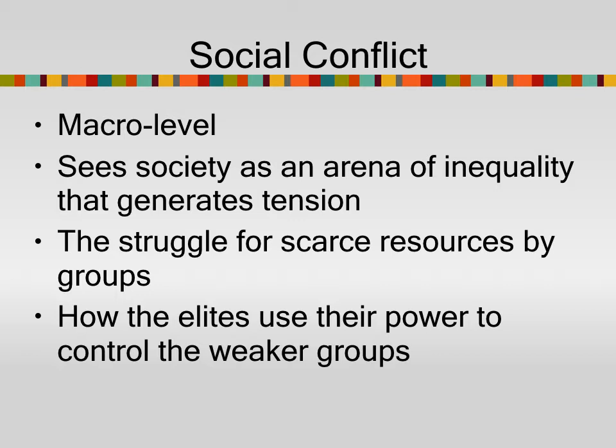So let's talk about an example of sociology of families, right? Families and social conflict. Let's take it, because it's a macro level, we're going to look at an institution. So we have the institution of family, but let's talk about another institution, the medical institution, right?